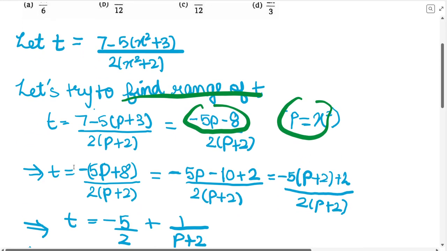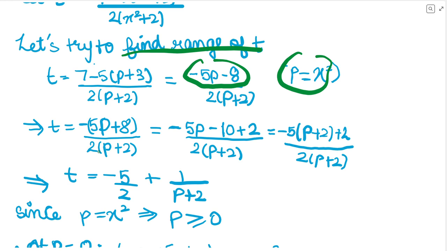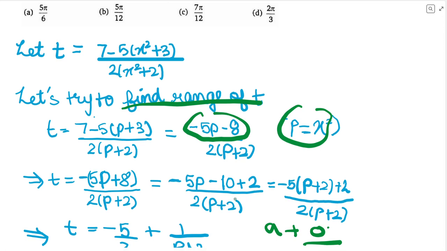Then I'll try to generate some term in the numerator so that it cancels out with the denominator, and then we can get one constant term and another term with the variable either in the numerator or the denominator, but not both, otherwise we'll have difficulty in finding the range.